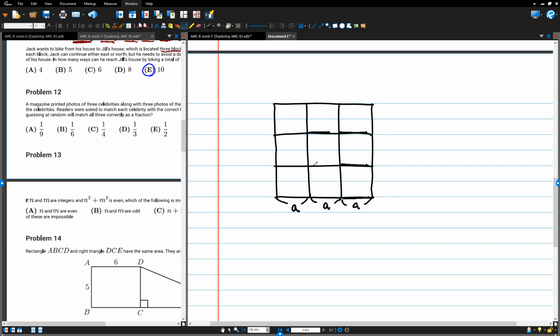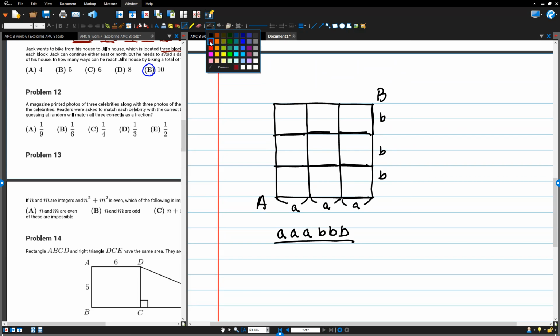Horizontal, they are all A. But the vertical line is B. From here to get there, we need what? 3A and 3B, isn't it? We need 3 times A and 3 times B. Okay, we can check it out.